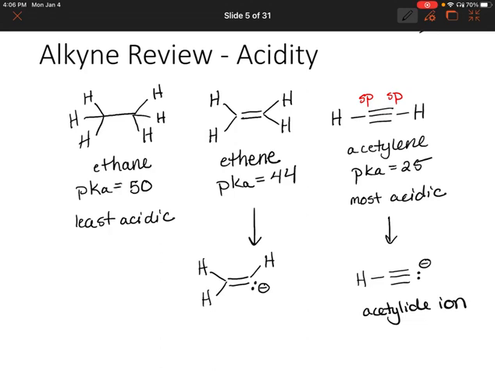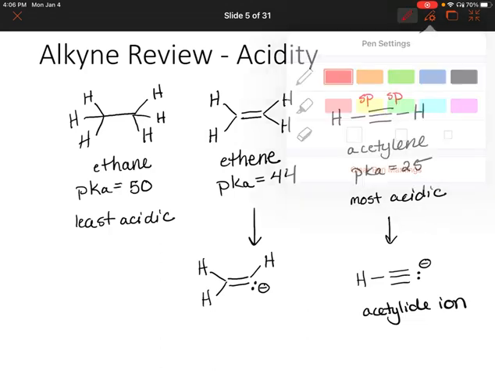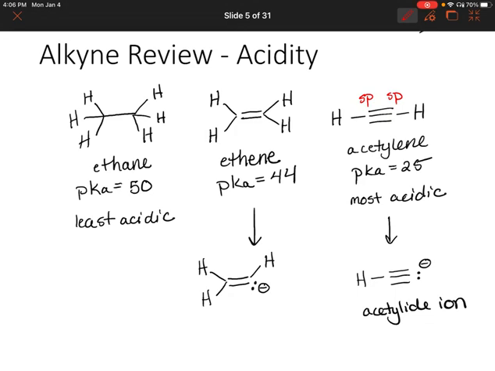And the main reason for that is the hybridization. So the carbons in ethane are sp3 hybridized. The carbons in ethene are sp2 hybridized. And then we already said the carbons in acetylene are sp hybridized. So again, the acetylide ion is the most stable conjugate base.